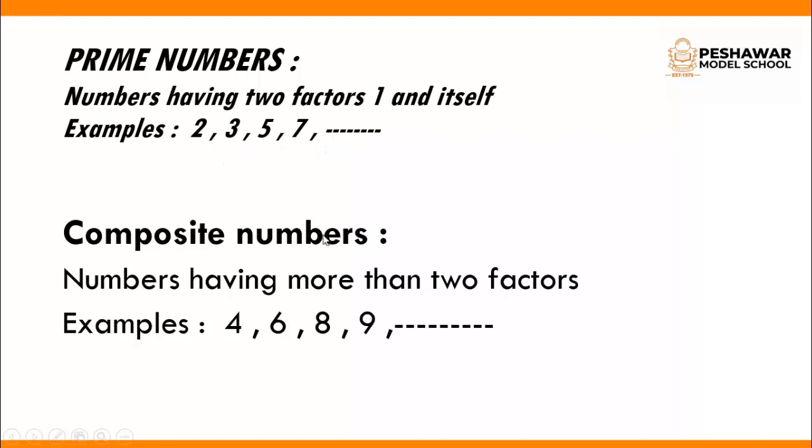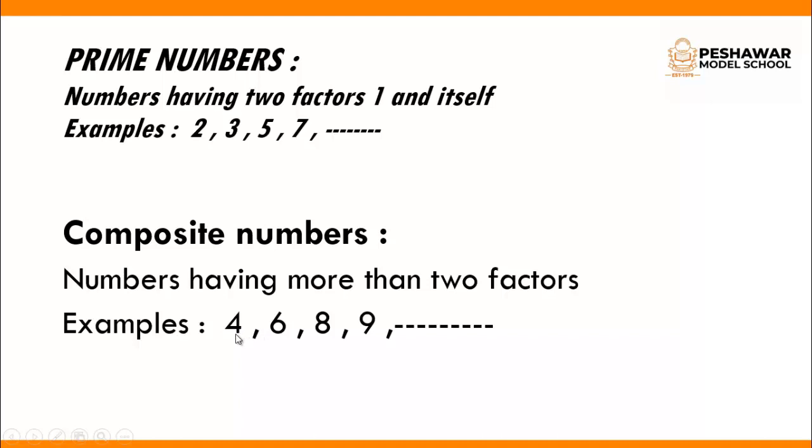Next is composite numbers. Numbers having more than 2 factors are called composite numbers. For example, 4, 6, 8, 9, and so on are called composite numbers. The first composite number is 4. Why is 4 a composite number?